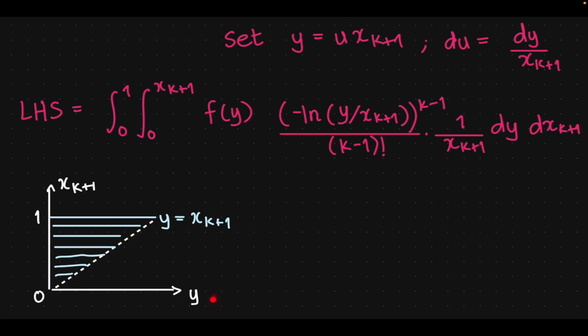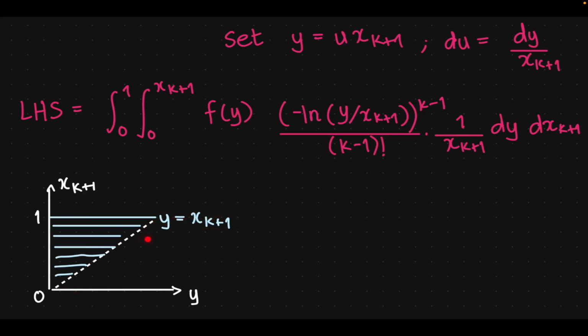So if we draw the x_{k+1} versus y plot, the region I have here in terms of these horizontal blue lines is actually the domain of integration, with this line at 45 degrees being y equals x_{k+1}.